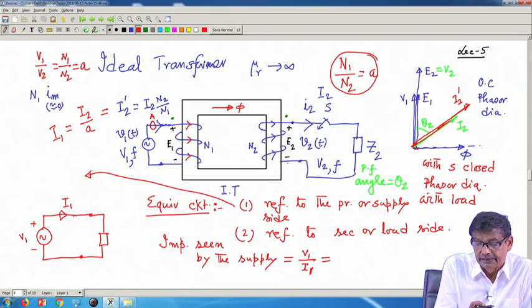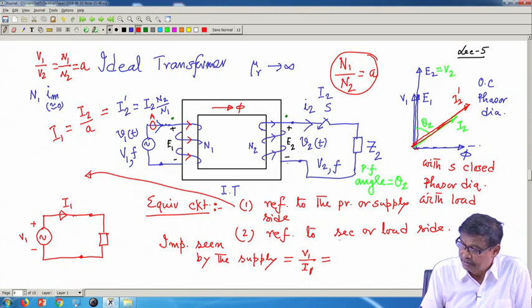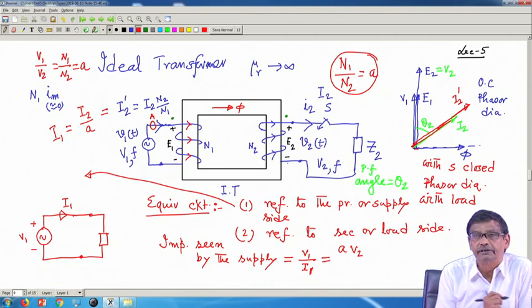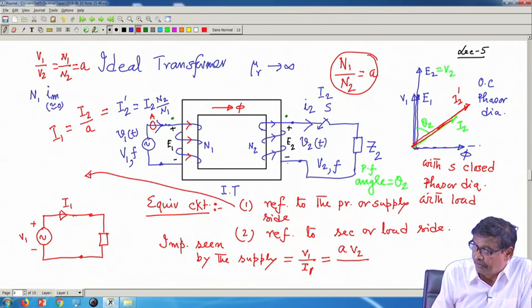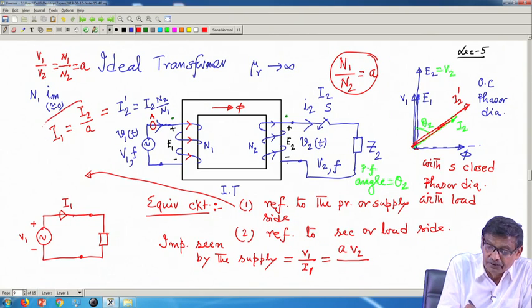Therefore, I can write V1 equal to a V2, divided by I1. Similarly, I can express I1 in terms of I2, because I1 is equal to I2 by a.